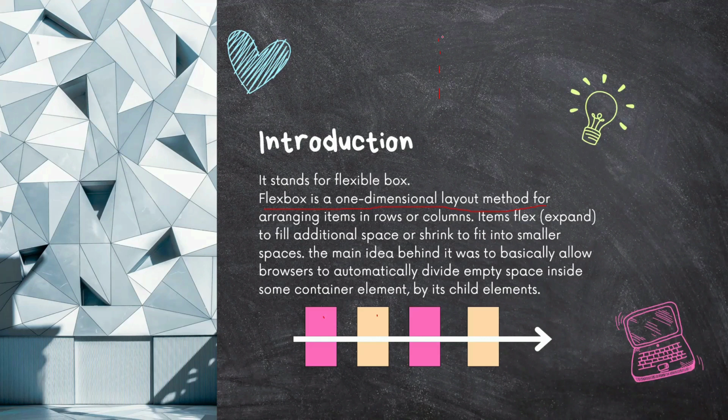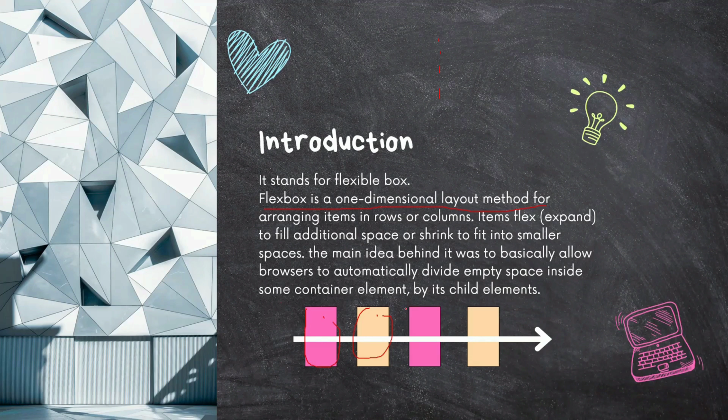And also whatever content we are creating, suppose this is my one container and inside this is my second container. What happens if I am having additional space inside my container? Using Flexbox and giving some properties, we can fill all that additional spaces and we can make our content look beautiful.